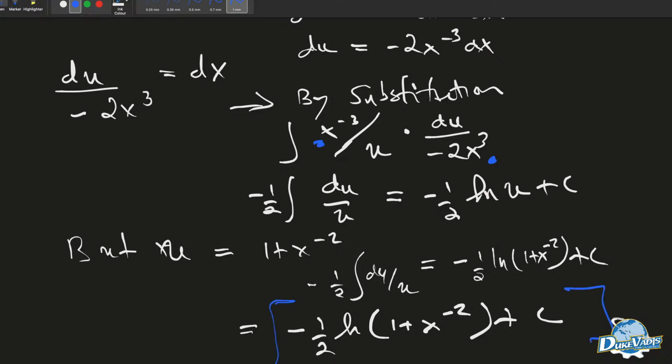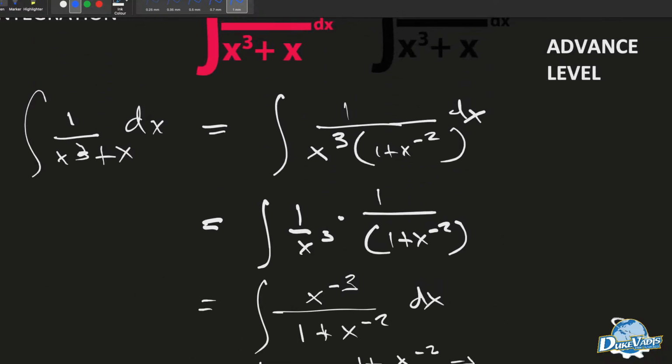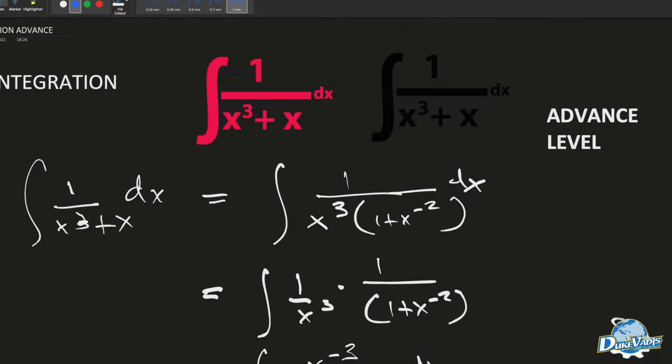Now let me take my time to explain the process. First and foremost, this is the equation that we've been given: 1 over x cubed plus x.